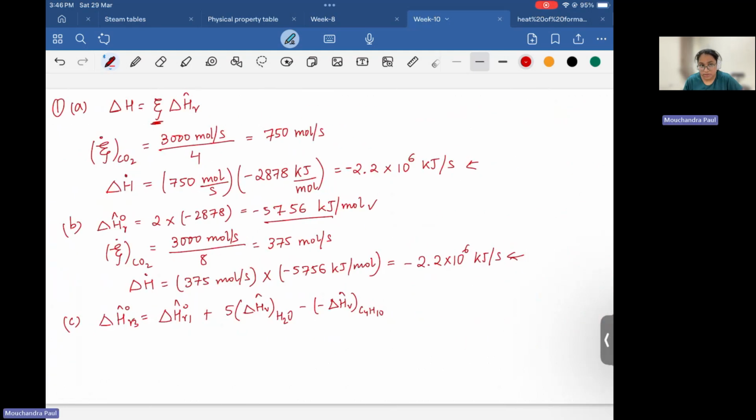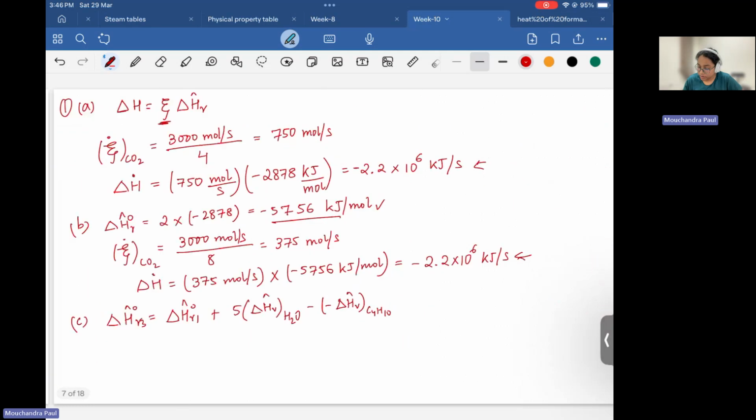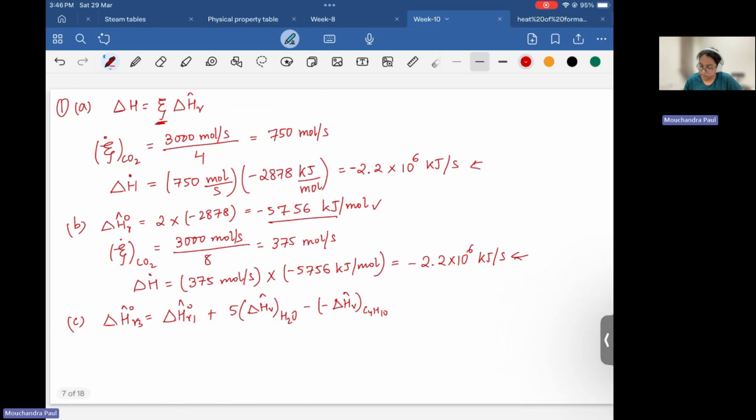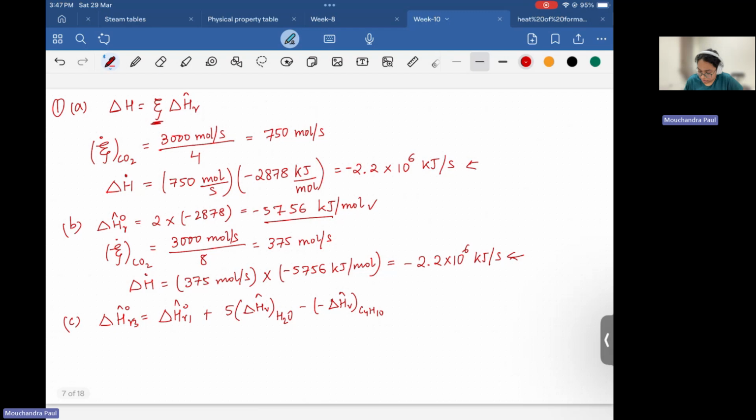Here, one negative sign implies that it is a reactant, and another one implies that we have basically removed heat. And here we have added heat. So because of that, plus minus signs are included.